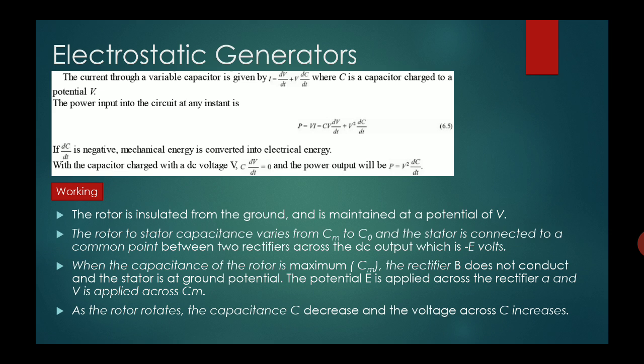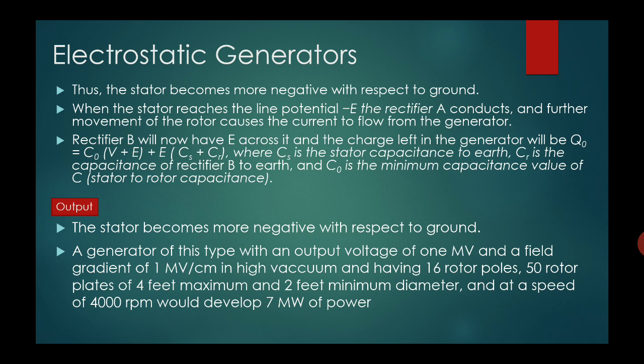The potential E is applied across the rectifier A, and V is applied across the capacitor Cm. As the rotor rotates, the capacitance C decreases and the voltage across C increases. Thus, the stator becomes more negative with respect to the ground.